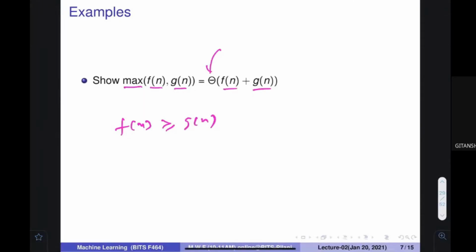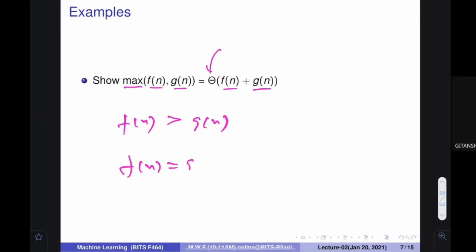You can say that fn is greater than gn, fn is equal to gn, and fn is less than gn. This first condition talks about when fn is greater than gn.